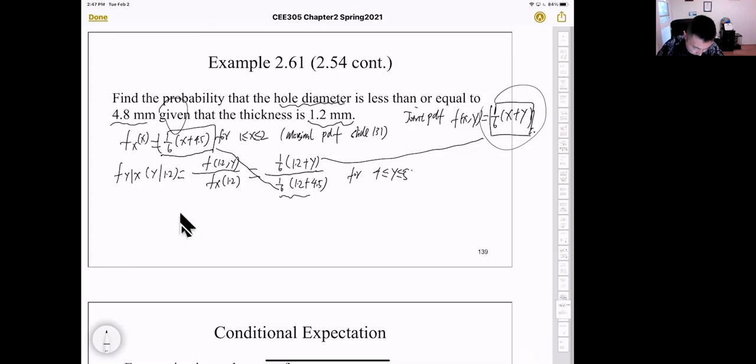This is for Y between 4 and 5. Simplify this, and it becomes (1.2 plus y) over 5.7, for Y between 4 and 5, and it will be 0 otherwise.